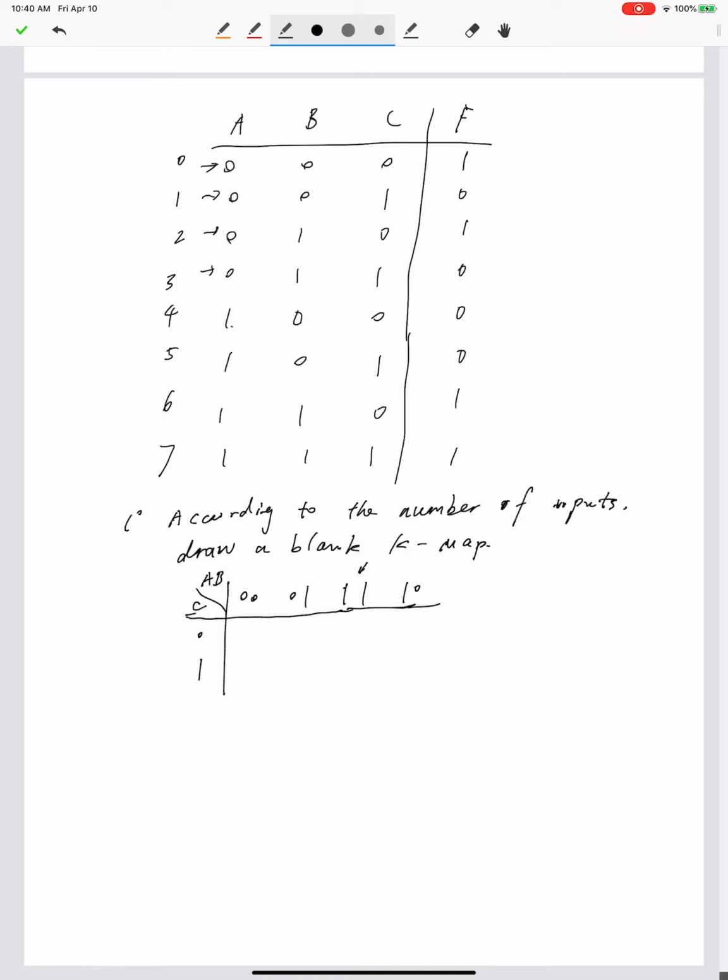The tricky one is this guy, right? Why? Because there's one important rule to draw the kernel map: two consecutive rows or columns differ by one digit.